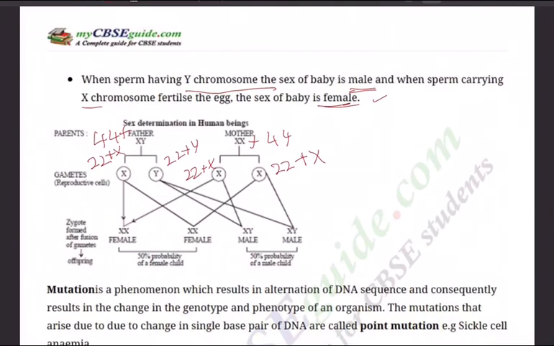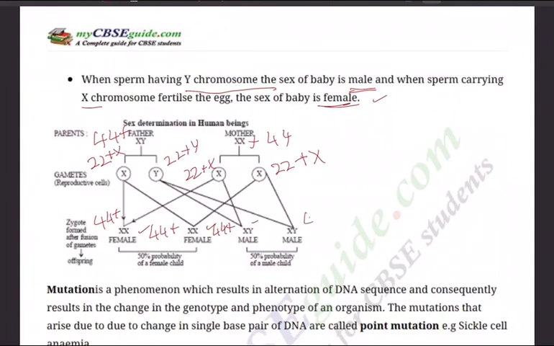So when combination takes place, for example, this 22 plus X and this 22 plus X, you get 44 plus XX. So having XX, it becomes a female. And this 22 plus X combines with another 22 plus X, 44 plus XX, again a female. Whereas a sperm carrying Y, when this combines, 22 plus Y with 22 plus X, gives 44 plus XY, this is male.